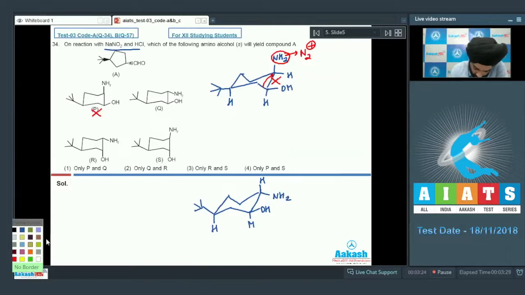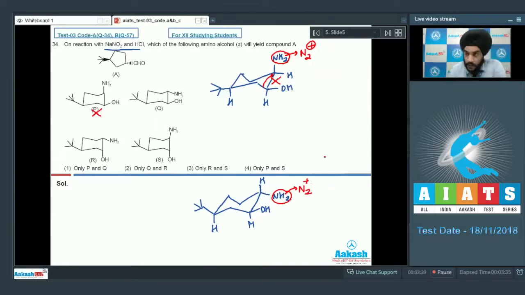And again, upon reaction with NaNO2 HCl, this NH2 shall be converted into N2 plus, and it will be converted into a good leaving group which is ready to leave. Now students, we can see that the ring can contract in this case as this is present in the anti position. Okay, so this will easily undergo ring contraction, and it will give us the following structure.